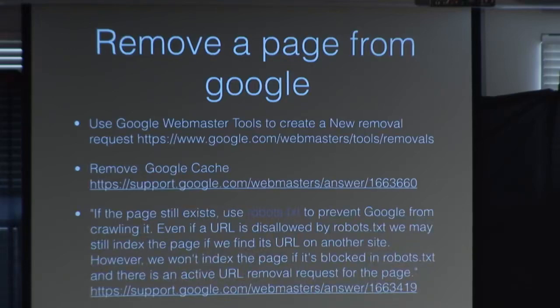You can also remove the Google cache, and they say that if the page still exists, use the robots.txt to prevent Google from crawling it. But even if the URL is disallowed, they may still index the page and list it in the search results because somebody else linked to it. However, if you submit a removal request, they will honor that and keep the page out of search results.